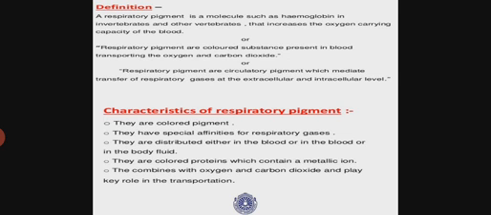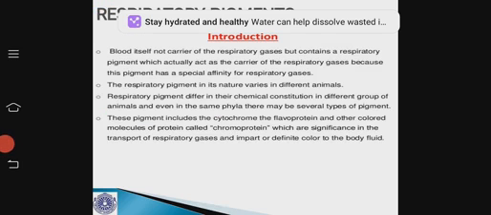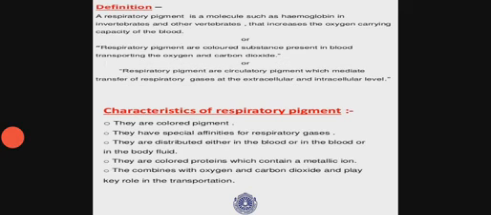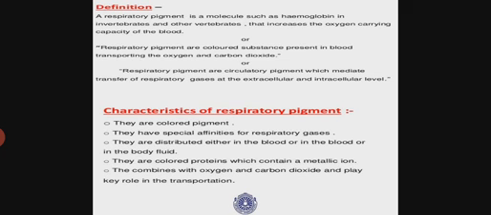Coming to the characteristics of respiratory pigments, they are colored pigments and they have special affinities for respiratory gases, and they are distributed either in the blood or in body fluids.